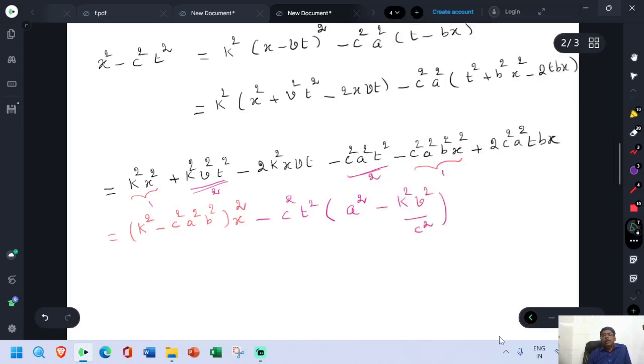See here, the remaining terms are minus 2k square x vt plus 2c square a square tbx. Now we have to modify this.